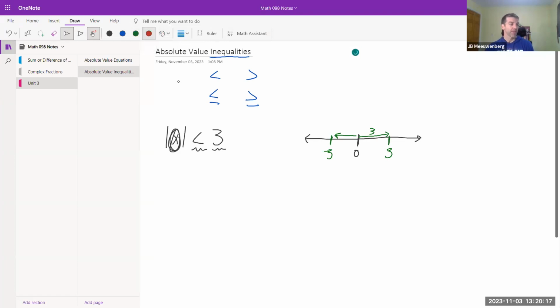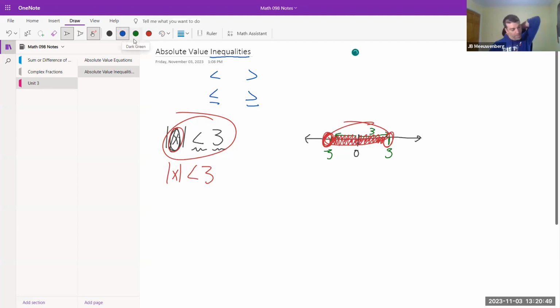So really, if I'm looking at what numbers could make this statement true, this original statement, the absolute value of x is less than 3, it's really anything in here. It's got to be something that's bigger than negative 3, but it's got to be something that's less than 3. So anything in this area, shaded from negative 3 to 3 with open circles on 3 and negative 3.